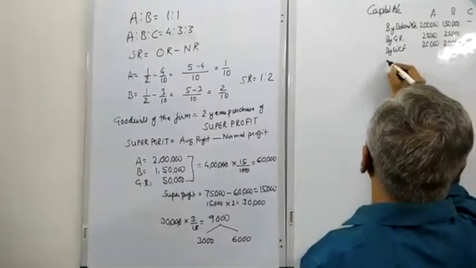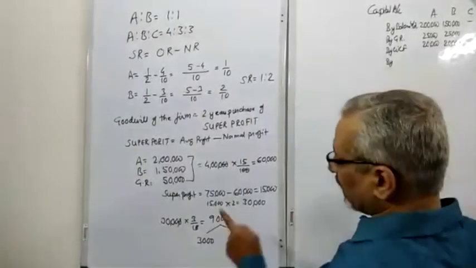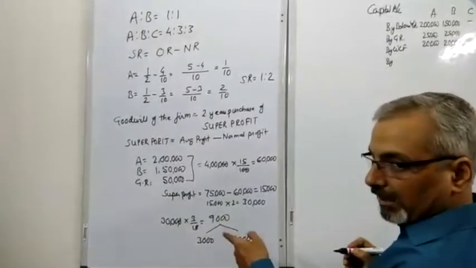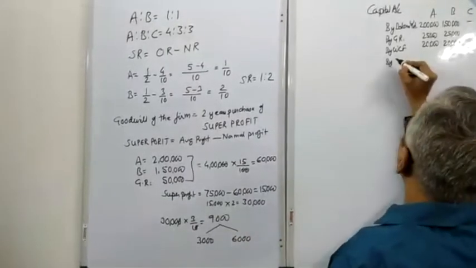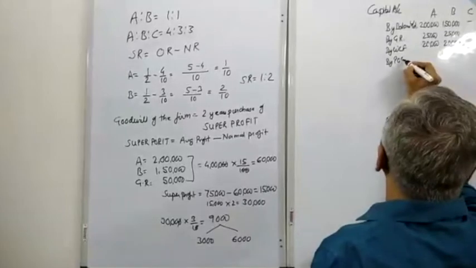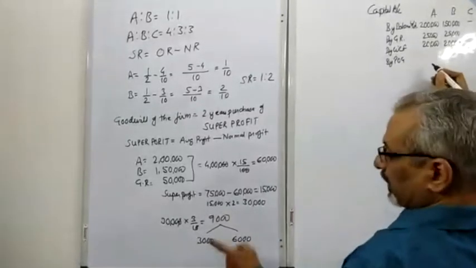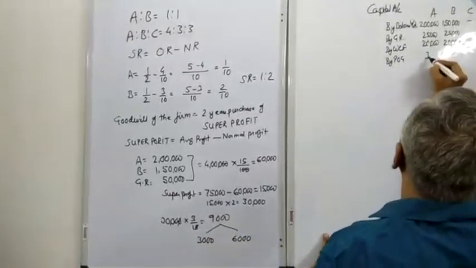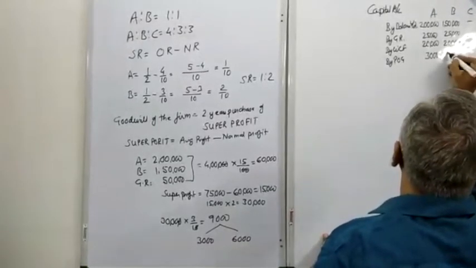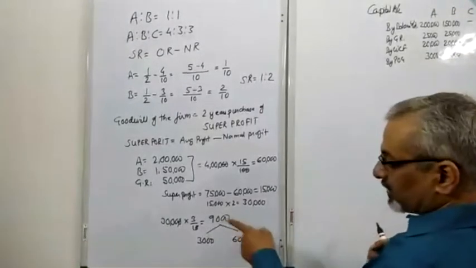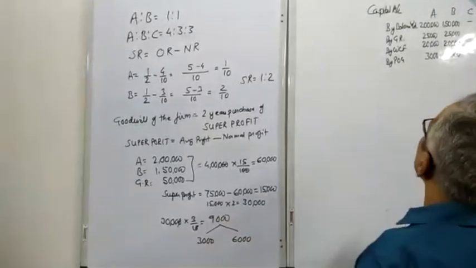Now we are also informed that there was a premium for goodwill of 9,000 which has been brought in by the new partner. So by premium for goodwill, we can see over here the value will be 3,000 to the first partner and 6,000 to the second partner, because it is 2:1 as the sacrificing ratio.